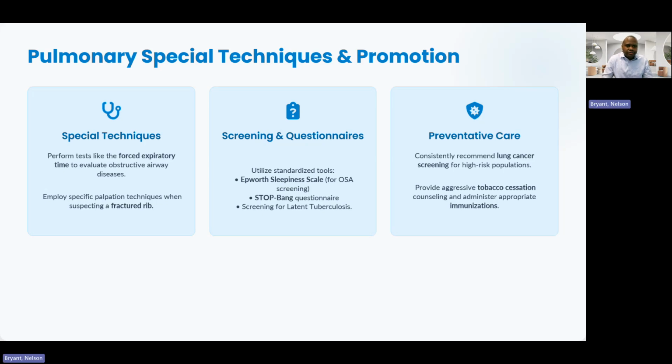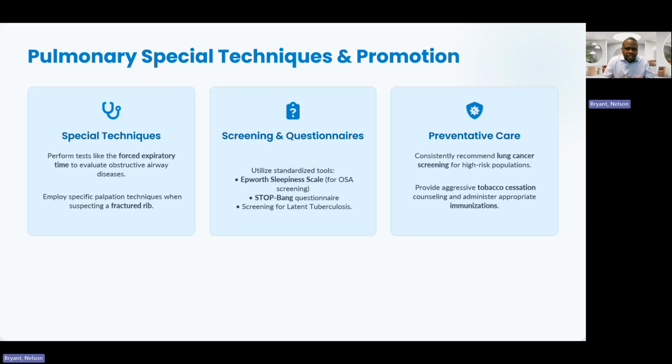And so some of the special techniques that we can incorporate in our assessment, like the forced expiratory time for the detailed COPD assessment. This is beyond a physical exam, and it's a very critical aspect of health promotion.